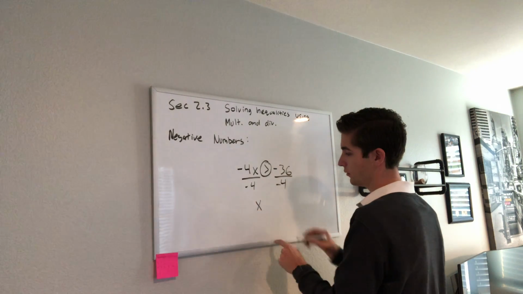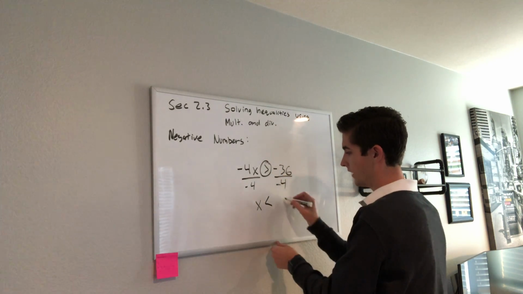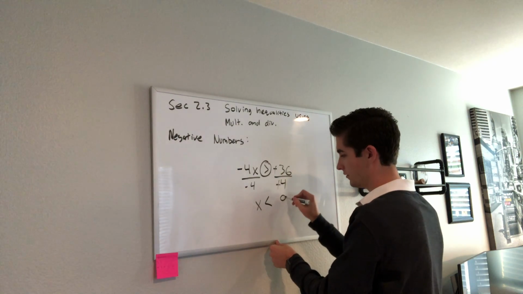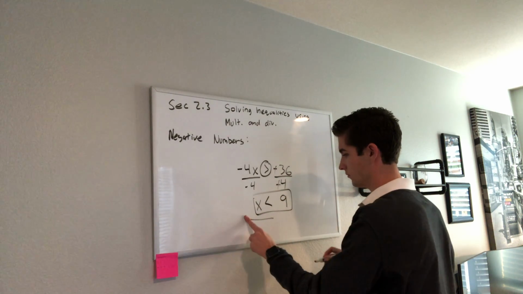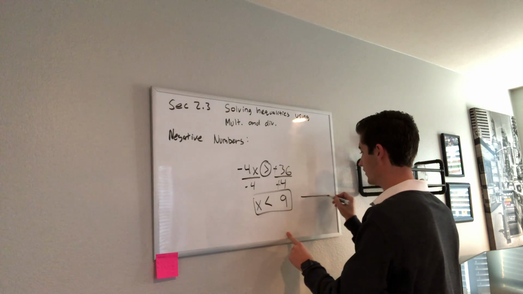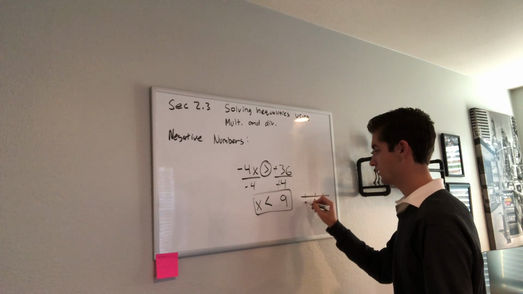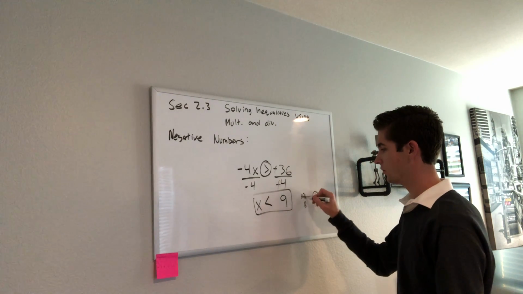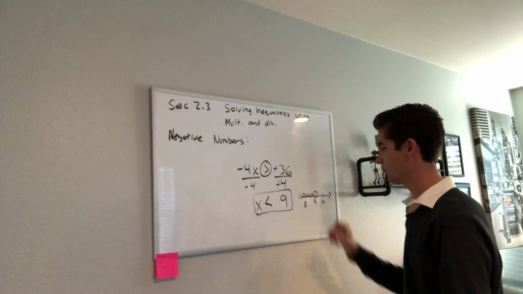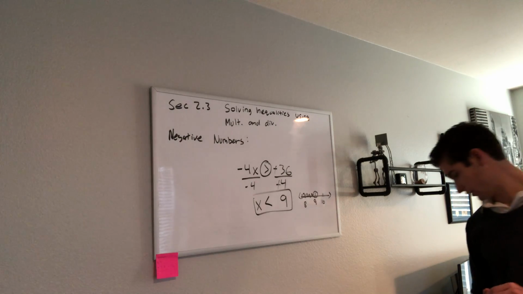Because we're dividing by a negative, we want to switch this and then divide, right? These will turn to positives, 9. When we go and we graph this, we'll have 9, 10, 8, open dot. We want to shade to the left. So it's not too bad, it's doable.